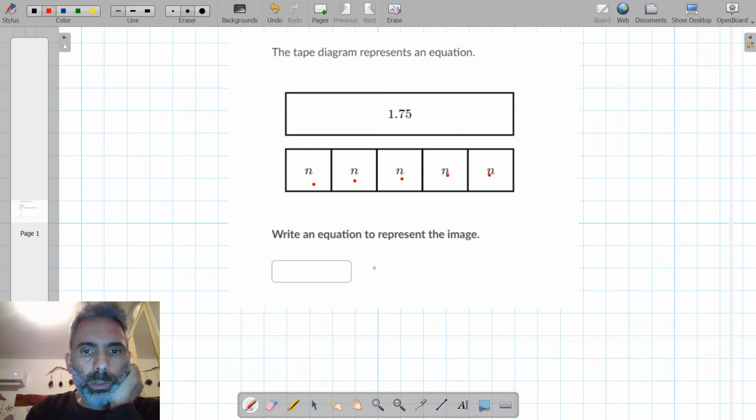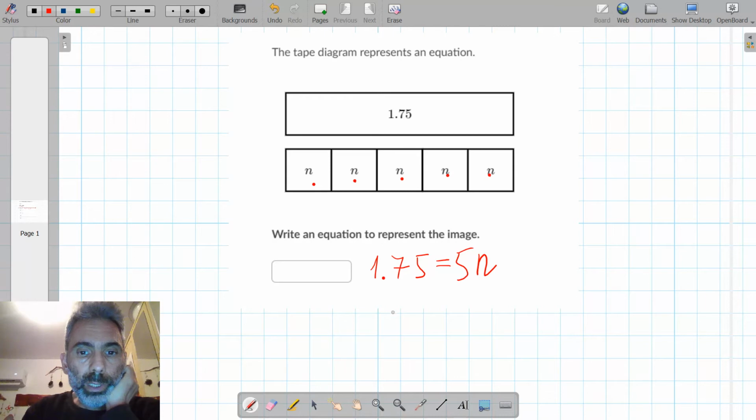So 1.75, which is the length of the upper rectangle, equals 5n. So this is one way to represent this tape diagram.